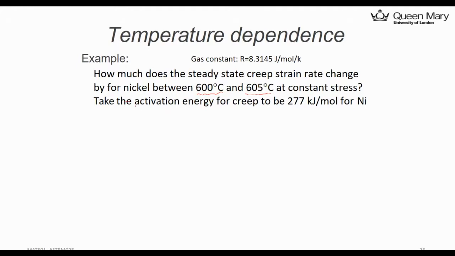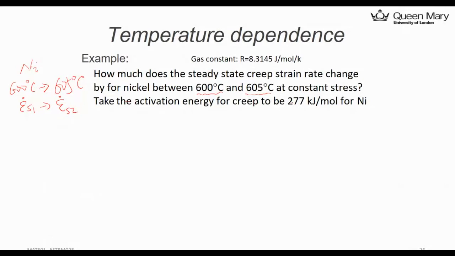Okay, so this question basically asks us, if for nickel material it's at temperature 600 and we increase that to 605, what happens to the strain rate? How much has it changed from strain rate S1 to strain rate S2?